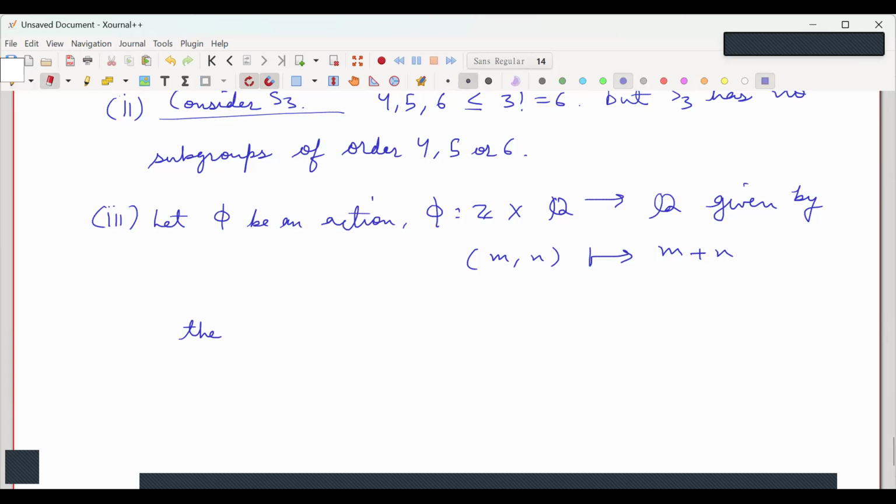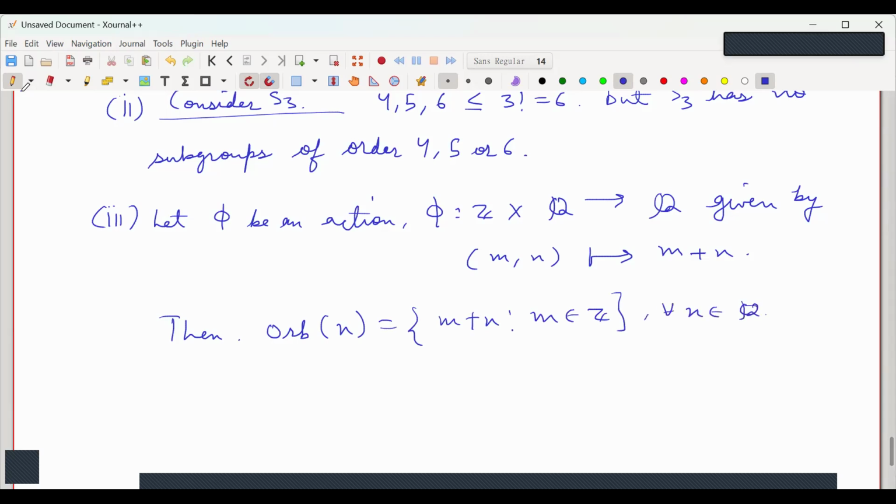So then what can we say? The orbit of an element n is just m plus n, such that m belongs to Z, for all n belonging to Q, right?